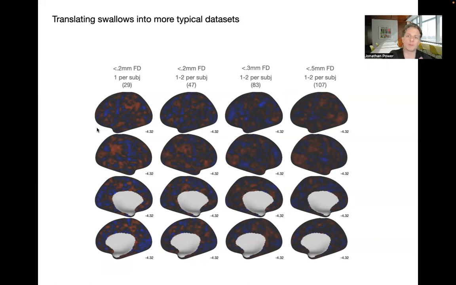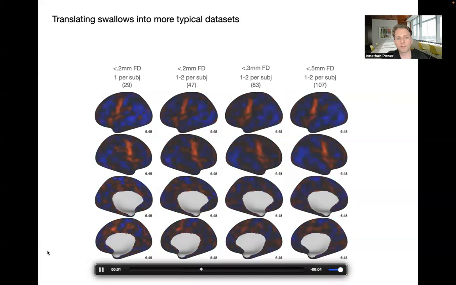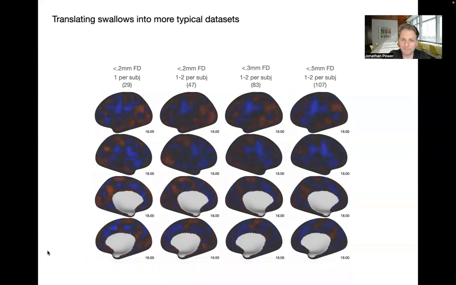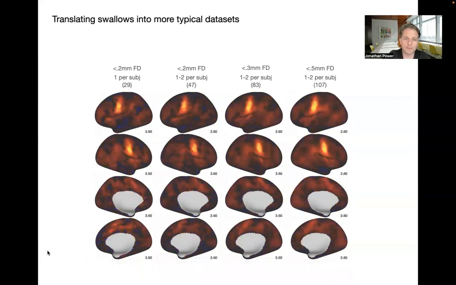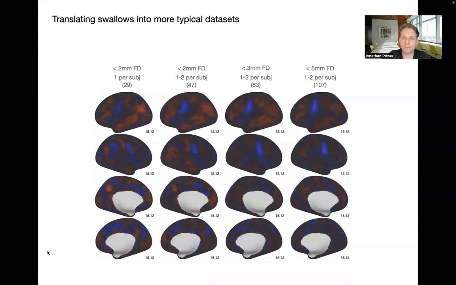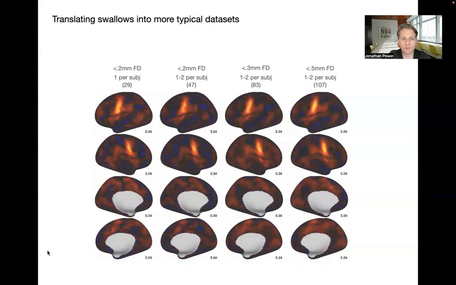Now we have swallows with low motion, medium motion, lots of motion. And what Lisa did was to look at the evoked profile of them. And what's interesting about this is it does not really matter very much how much motion you have. The swallow binds all amounts of punctate head motion together.